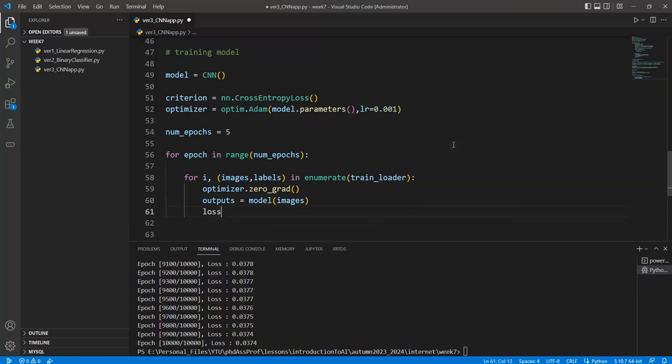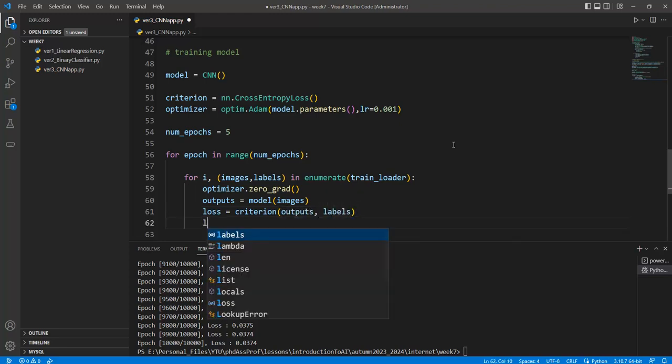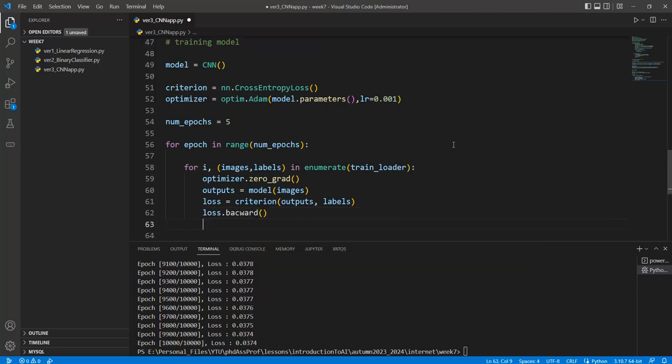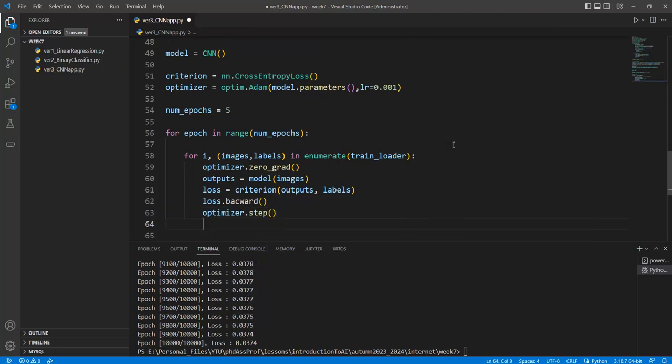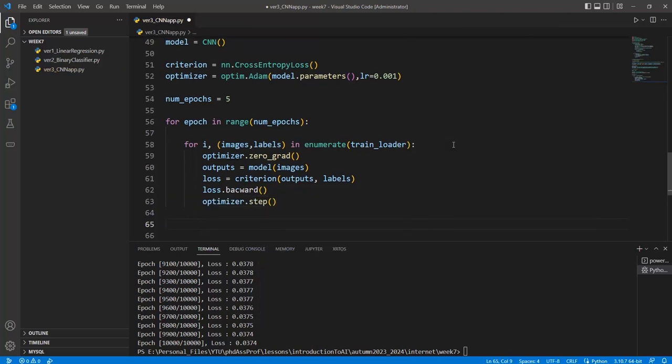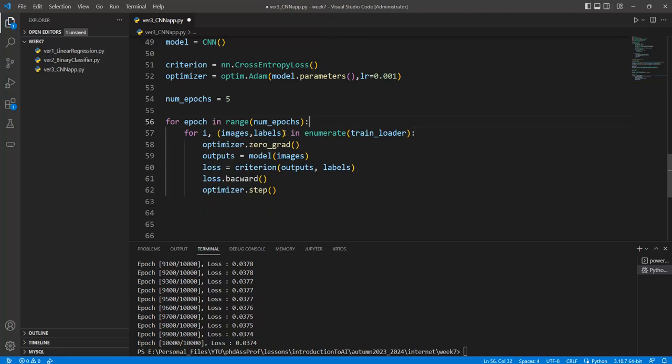After that, the loss criterion is applied to the outputs and the labels. After that, this loss should be backward, and optimizer step should be assigned. These are the steps of our training phase, right?